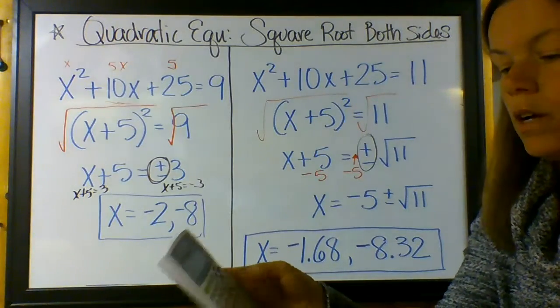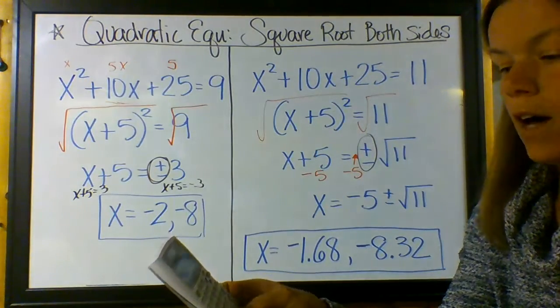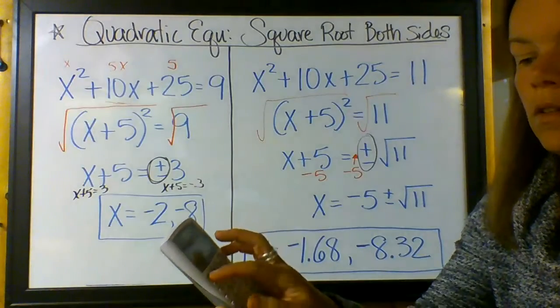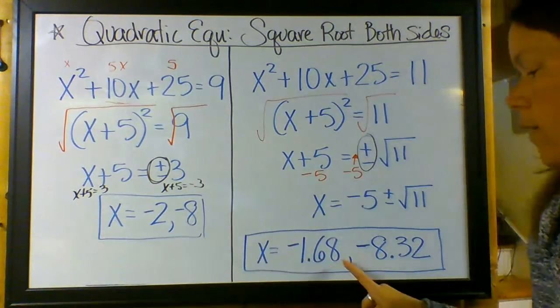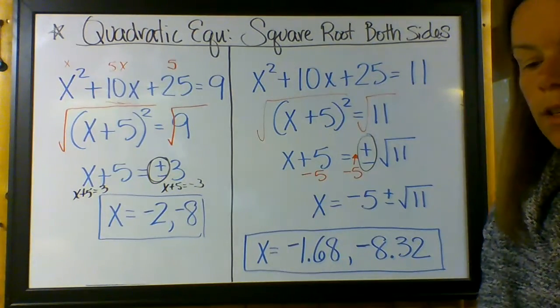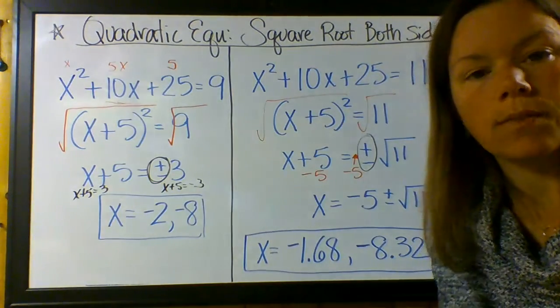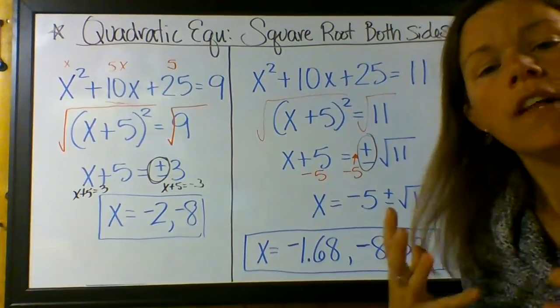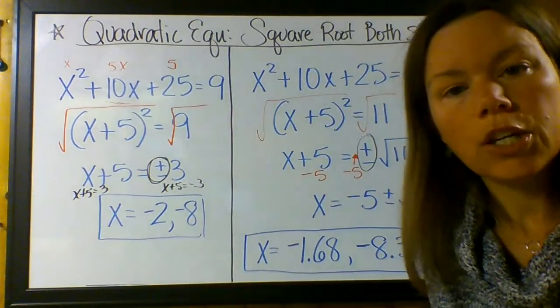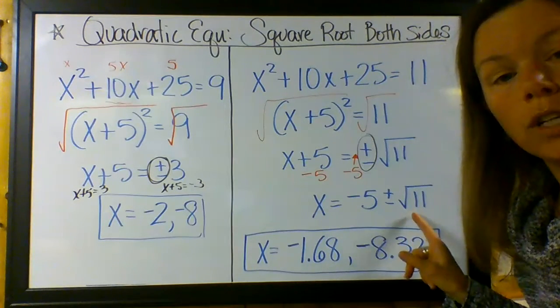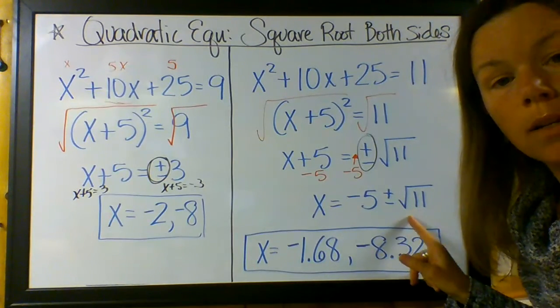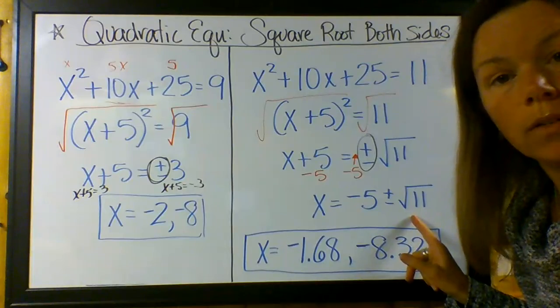So you can clear it and do negative 5 minus the square root of 11, and I get negative 8.3166. I rounded it to the 100th place. All right. So this is the basic concept here today, is taking the square root of both sides, and especially learning to do it where we've got a number that is not a perfect square, all right?